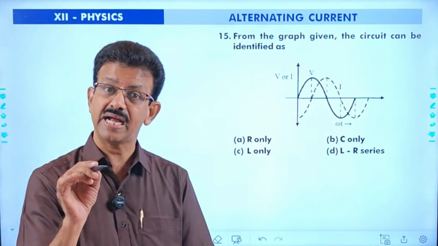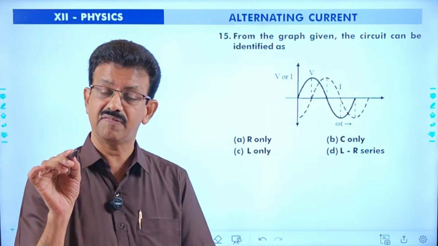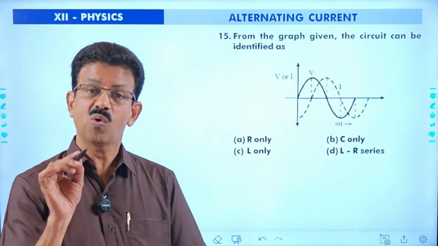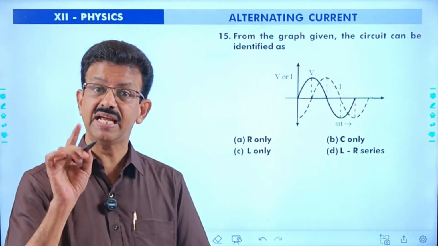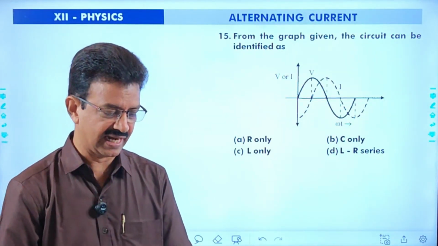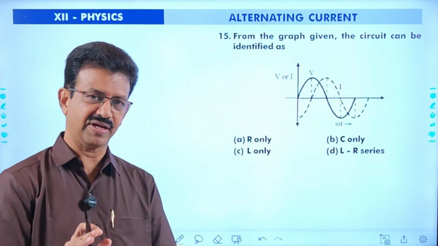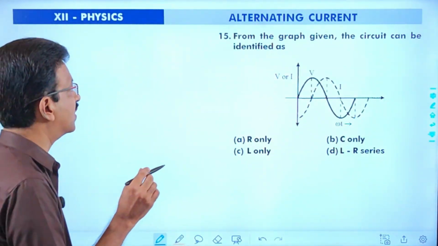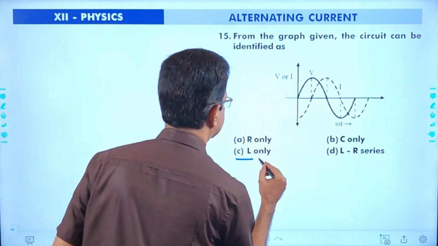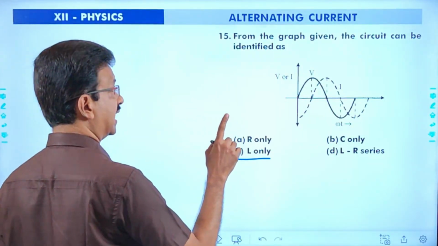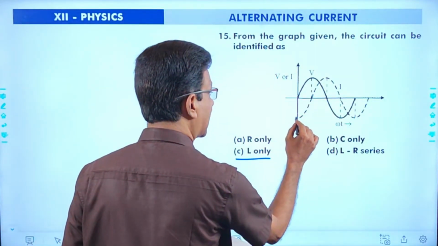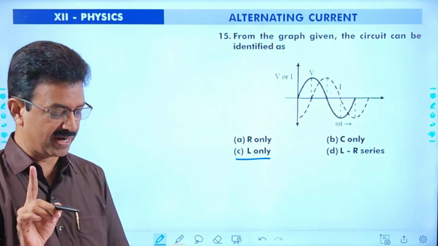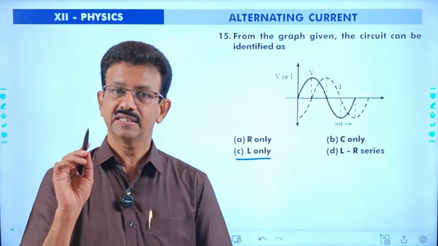This condition occurs only for a circuit having an inductor only. That is, here we can identify that the circuit is an L only circuit. Therefore, here the correct choice is C. That is, for a circuit having an inductor only, the current always lags behind the voltage by a phase angle pi by 2. The correct choice is C.